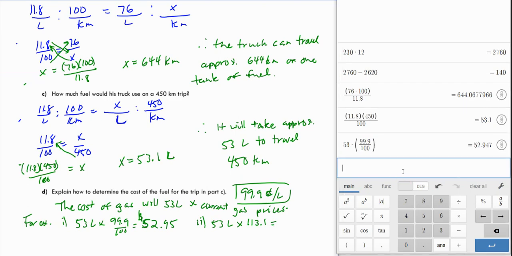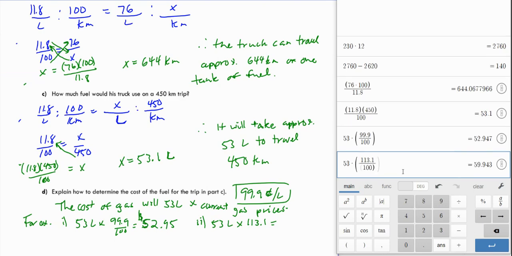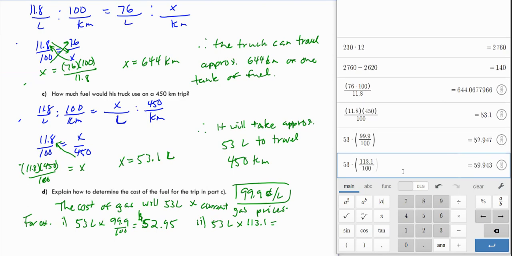So let's try $1.13. So 53 times 113 over 100 because you're converting cents into a dollar. And so this one is more interesting. So it's going to cost us $59.94.